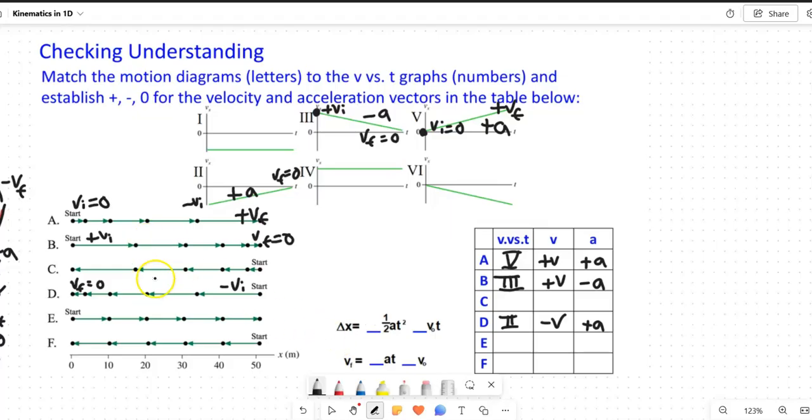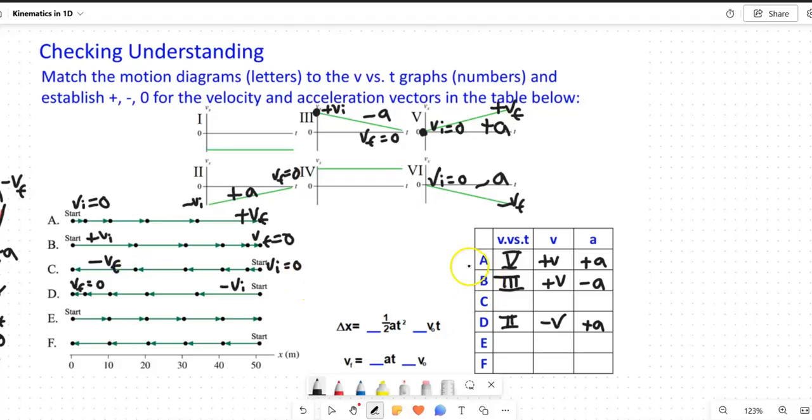All right, let's do VI. VI starts off with an initial velocity that is equal to 0, a final velocity that is negative. I just kind of follow this line over here. And the slope of that line is negative. So this starts off with an initial velocity that is 0. The final velocity is pointed to the left.